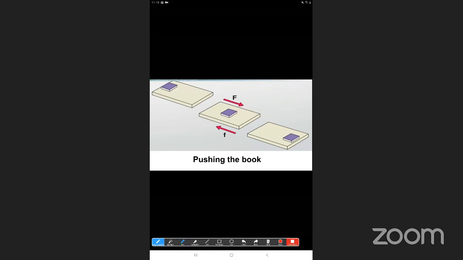Now look at the picture carefully. You are observing one book placed on the floor, on a horizontal floor. This is taken as 1, this is 2 and this is 3.